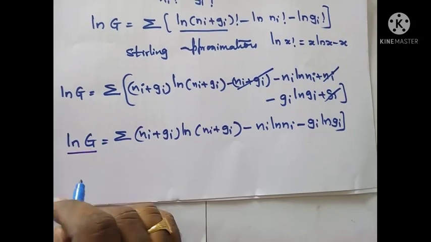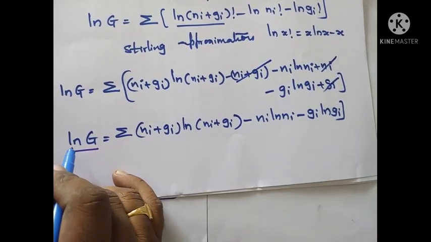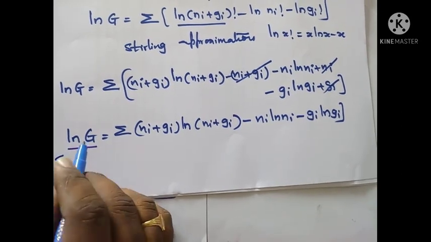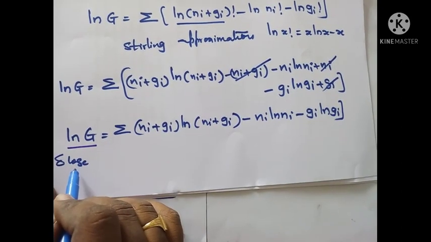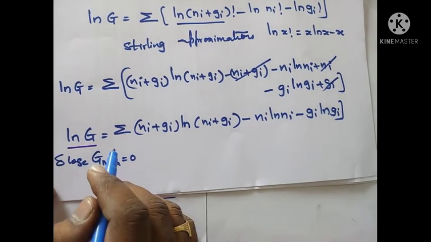So now let us take partial differentiation on both sides. Then since this is the maximum value, the change in the maximum value will be 0. So we know that dou log e G maximum equal to 0, where instead of ln I'm taking log e.